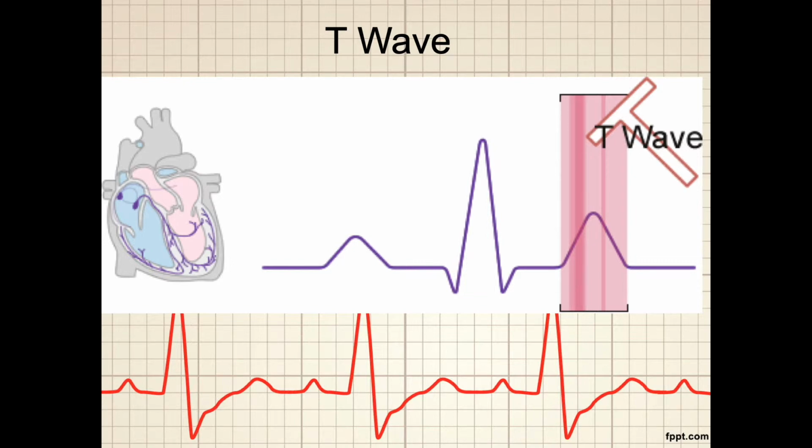Now, the interval, or the amount of time from the beginning of the Q wave until the end of the T wave, actually has its own name. This is called the QT interval, or QTI. And you should know that it represents the total time required for ventricular depolarization and repolarization.